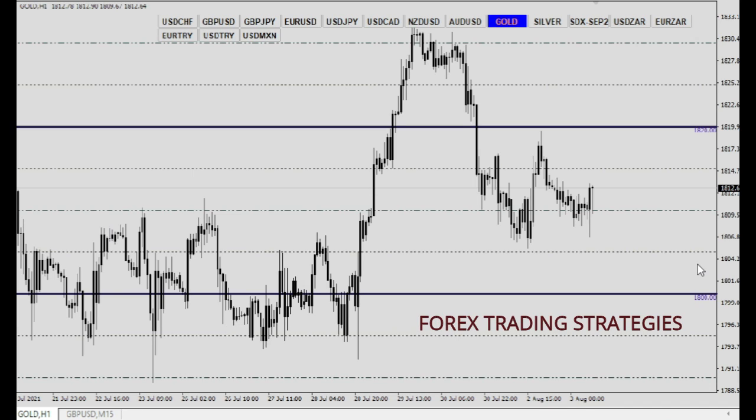So you need to understand support and resistance, but you also need to understand supply and demand. They work hand in hand. It's not the same thing. Support and resistance and supply and demand zones are not the same thing. You need to understand each and every one of them.